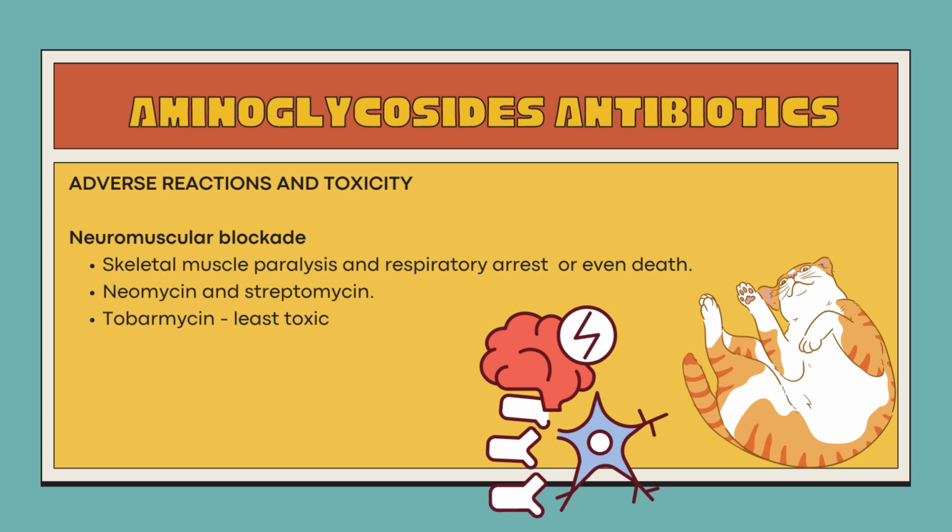Neomycin and streptomycin are more prone to cause this toxic effect than kanamycin, gentamicin, or amikacin. Tobramycin is least toxic in this respect. The blockade can be partially antagonized by intravenous calcium gluconate and neostigmine. Neuromuscular blockers should be used cautiously in animals receiving aminoglycoside antibiotics.